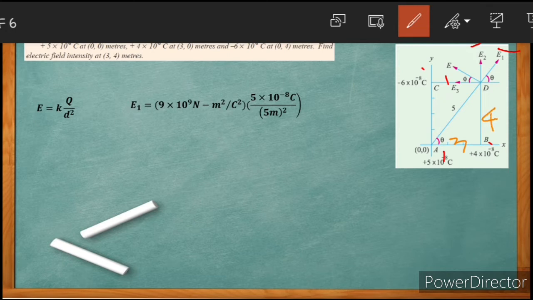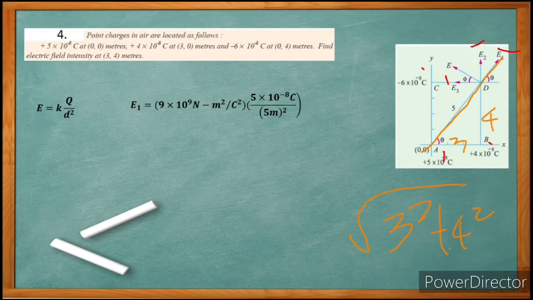Because electric intensity 1 lies in this area, and it passes through points A to B and B to D. To get 5 meters, we use the Pythagorean theorem: the square root of 3 squared plus 4 squared, which is 25, and the square root of 25 is 5. So our electric intensity at 1 is 18 volts per meter.